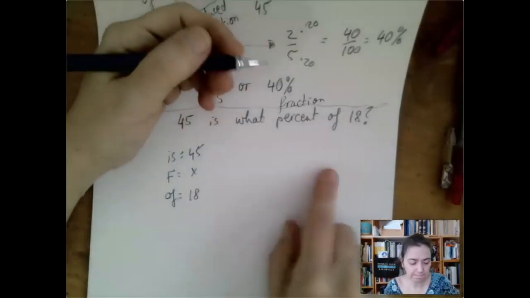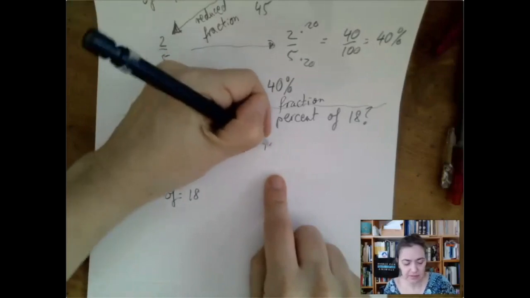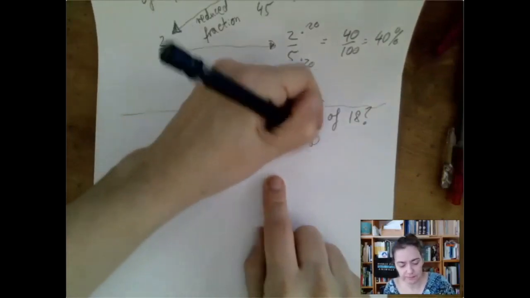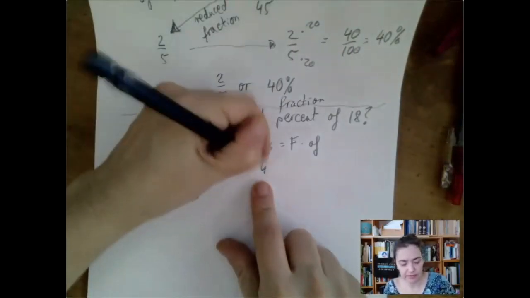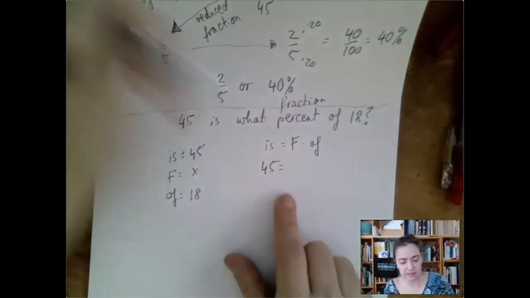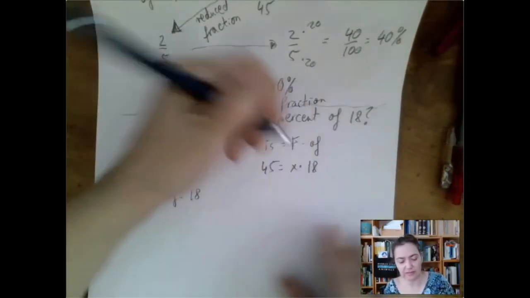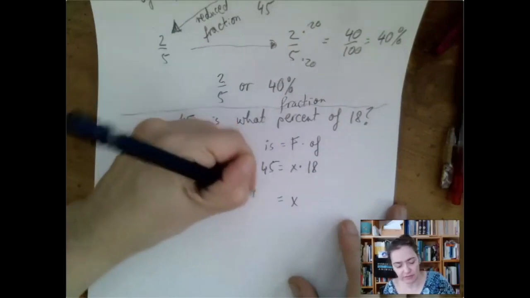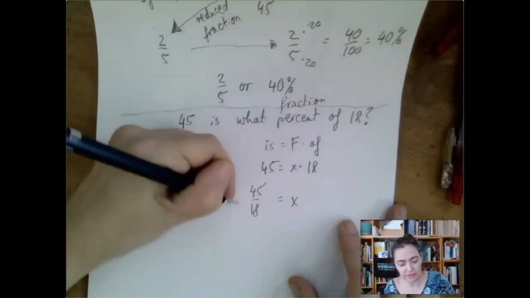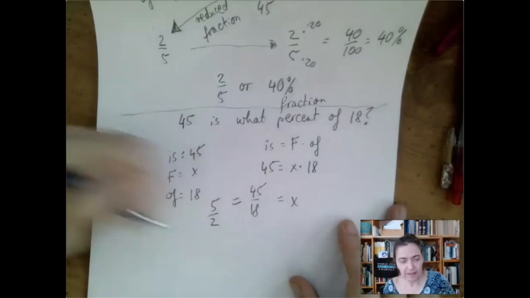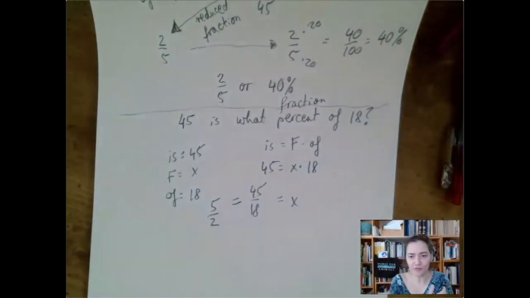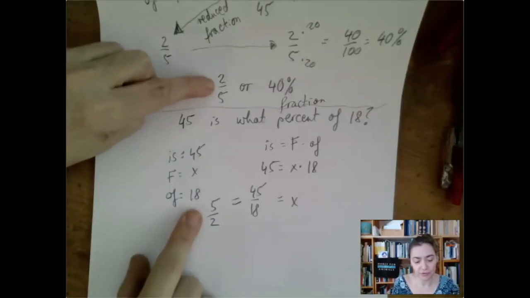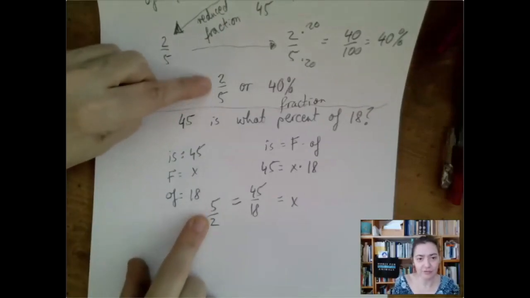So is is fraction times of. 45 is a fraction of 18. So x is 45 over 18, which is 5 over 2. So yeah, if you swap the is and the of number in type 2, you're just going to get the reciprocal, right? 2 over 5 or 5 over 2.